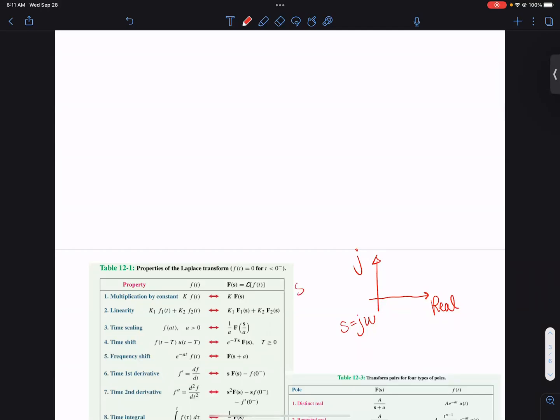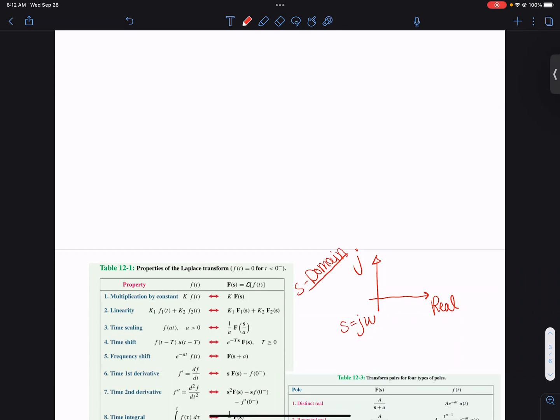So think about the S domain as a complex domain, and hopefully that helps you think, okay, I'm just moving to another domain. The biggest advantage is that integration and differentiation become addition or subtraction, which is way easier to work with.